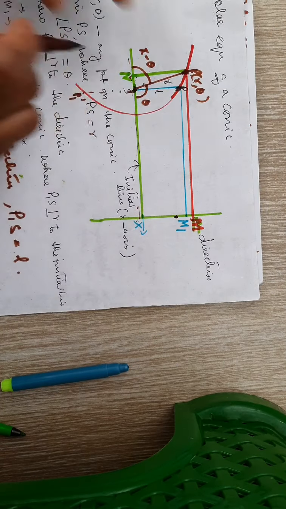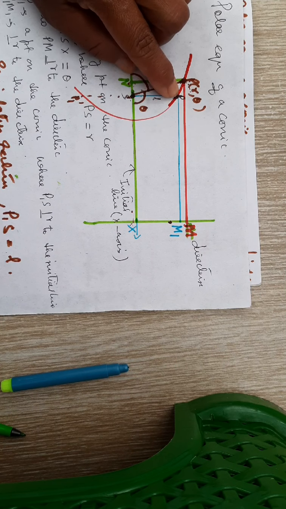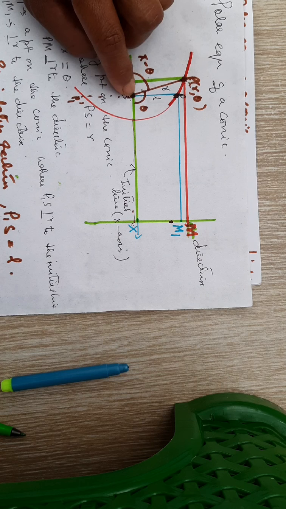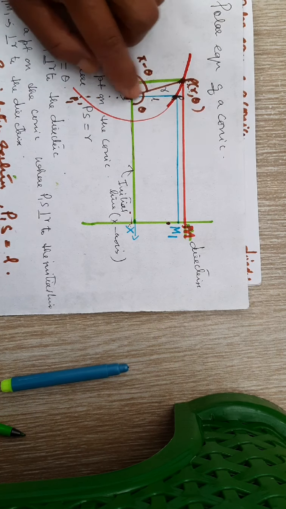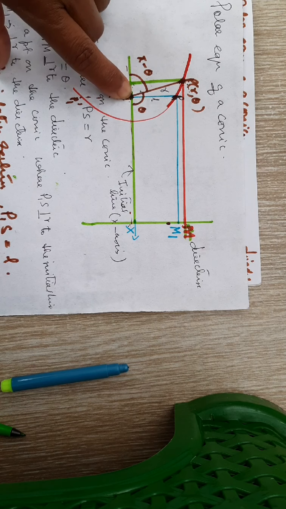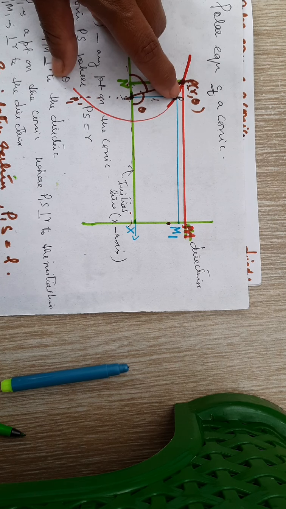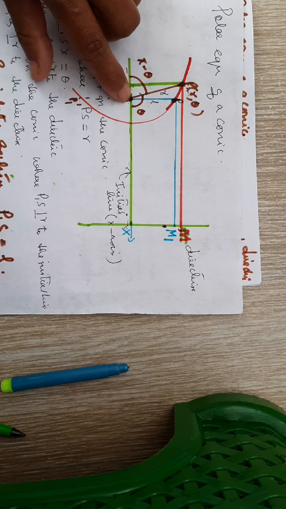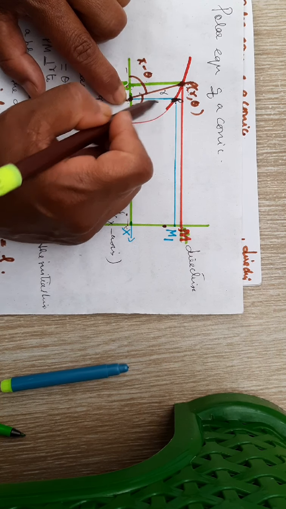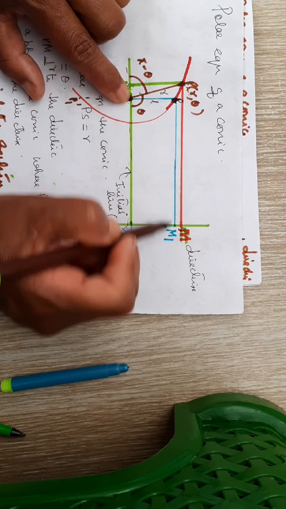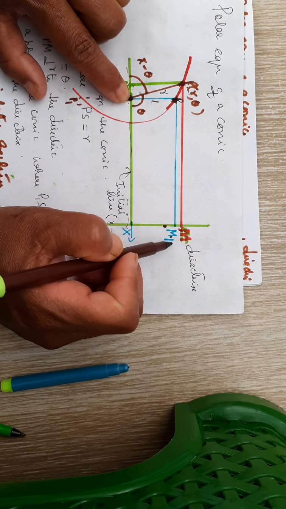Now P1M1: P1 is a point on the conic where P1S is perpendicular to the initial line. That means the distance from P1 to S is the distance of the point P1 of the conic from the focus, and P1M1 is the perpendicular distance from the directrix.